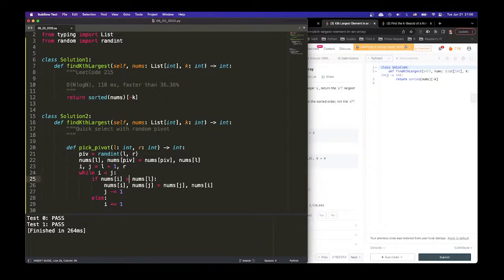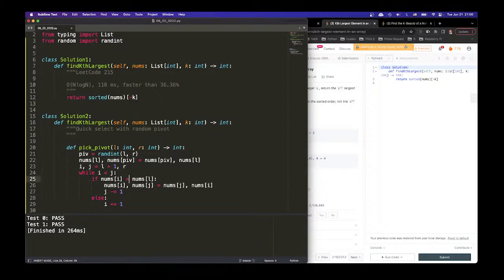Okay, so the question now is, when it exits, what happens? If this is larger than this, then I swap these two values, and then j minus equal 1.